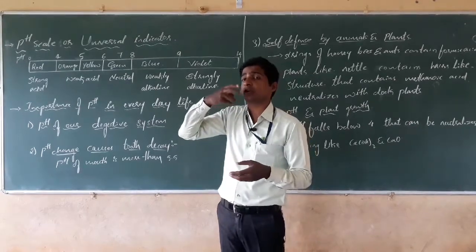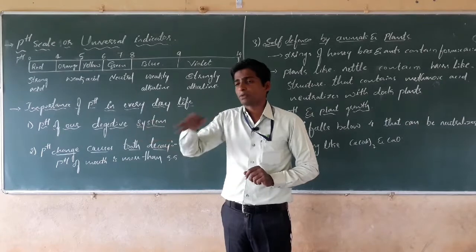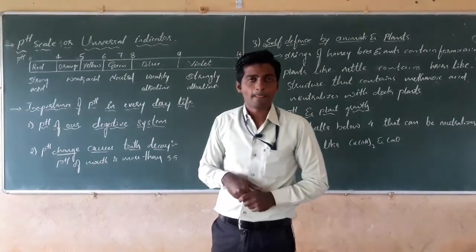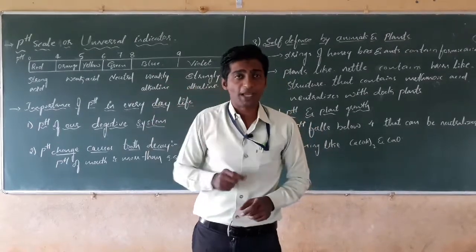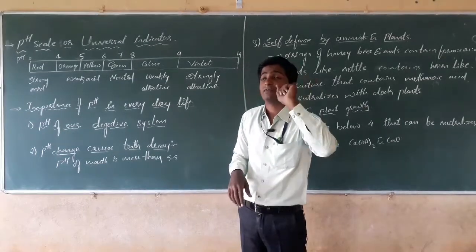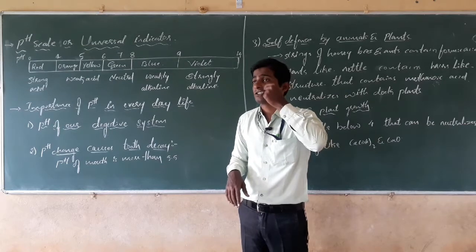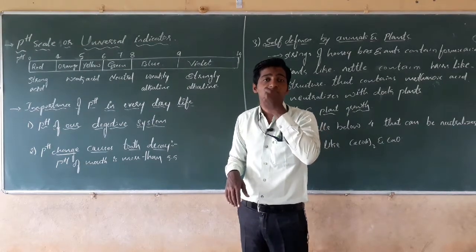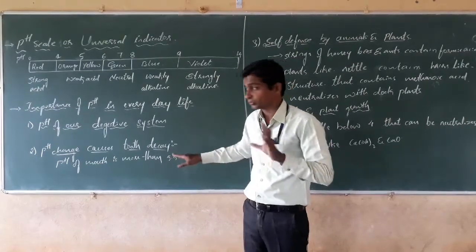Tooth decay may be prevented by brushing regularly. The paste contains a basic substance that will neutralize whatever acidic material is present between the teeth, by which we can save the teeth from decay.